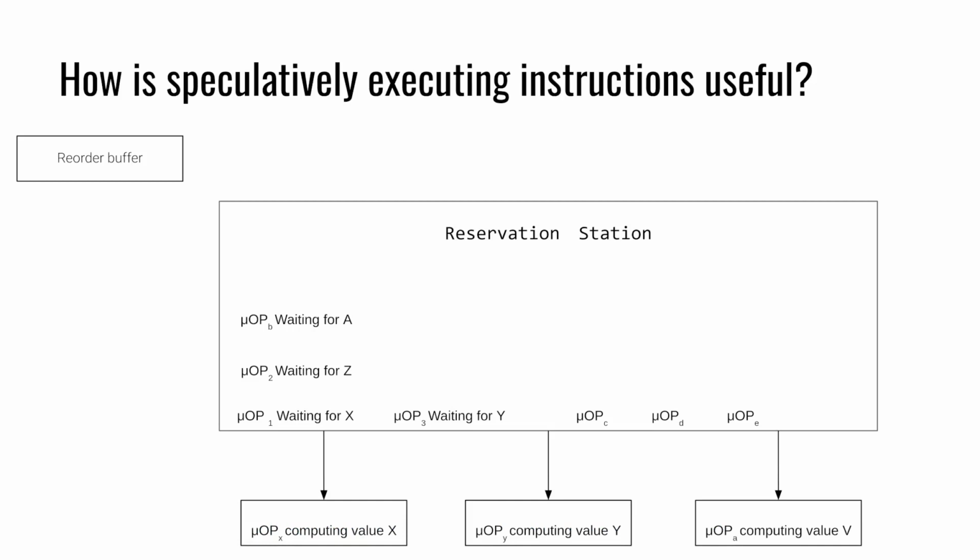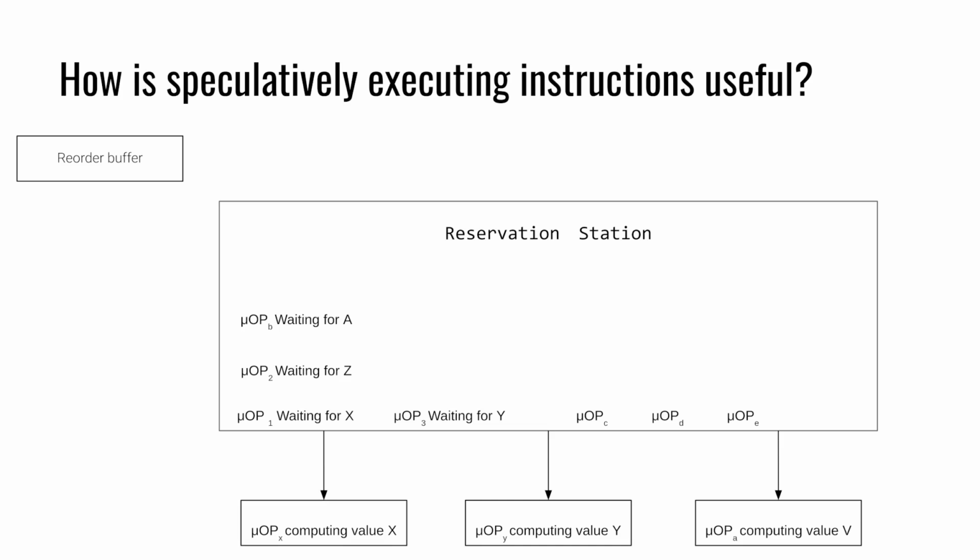Now, this is a little bit more detail into how speculative execution works under the hood. Since the assembly instructions were broken down into microcode, these tiny little chunks of microcode are sitting in the reservation station in a queue. And they all have a dependency chain, very similar to what I was describing with the assembly instructions.